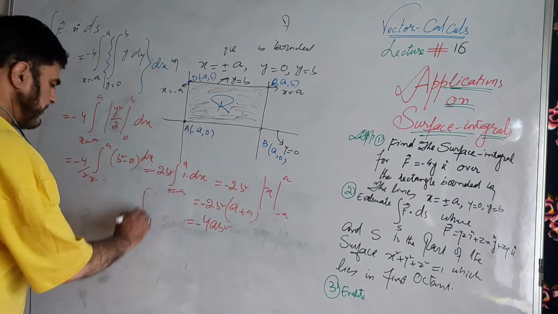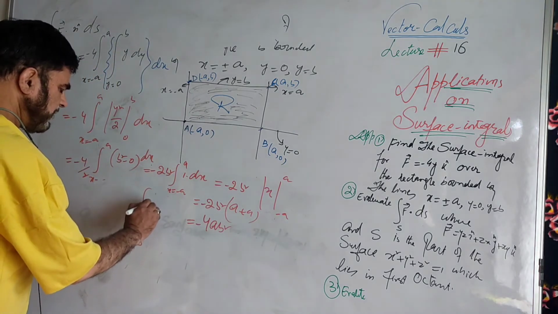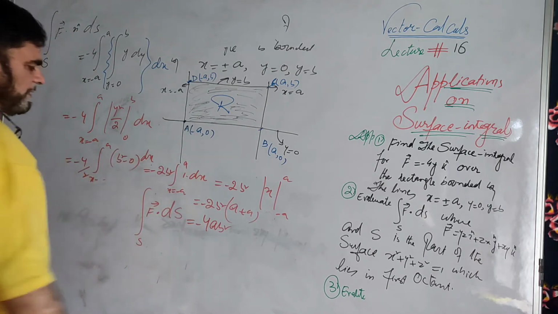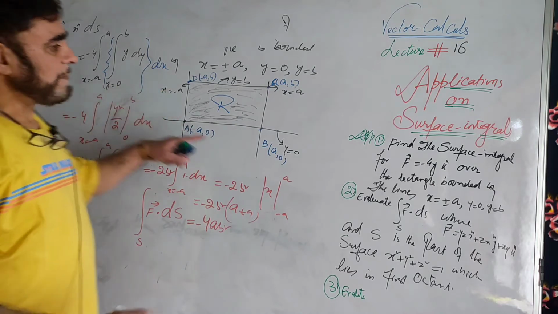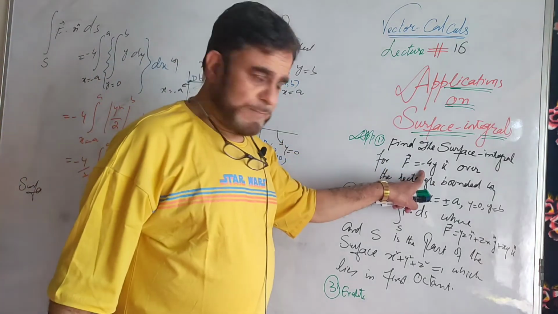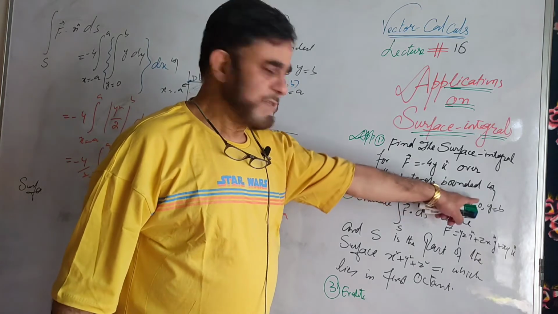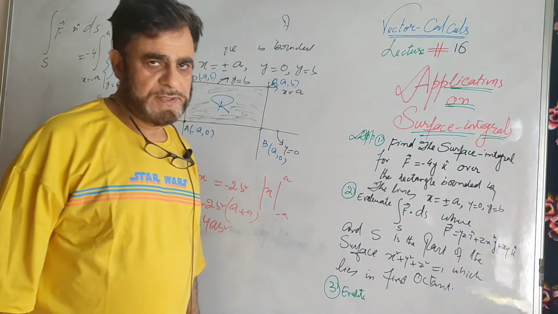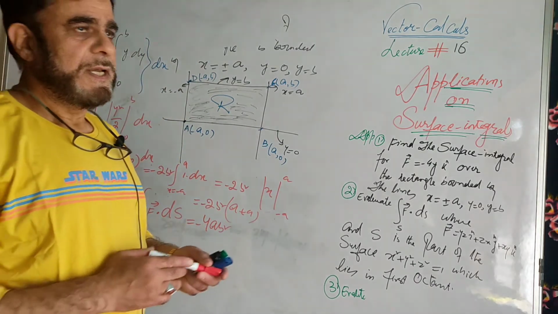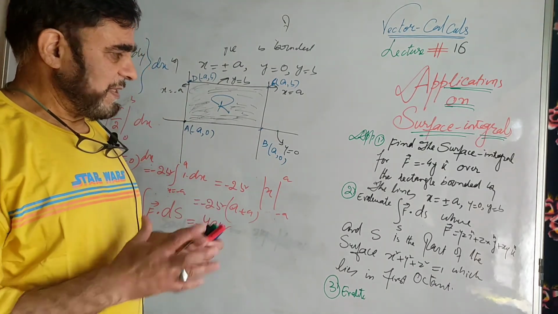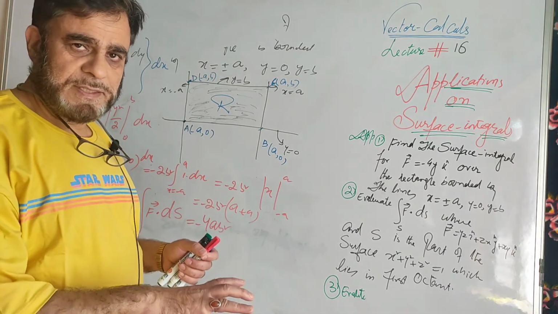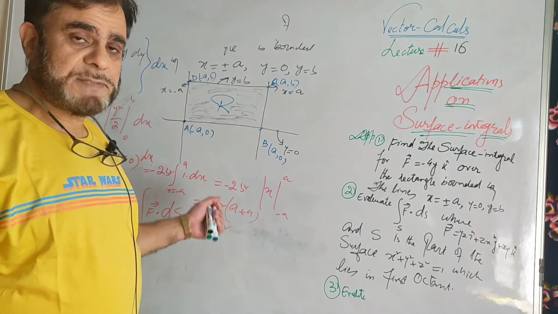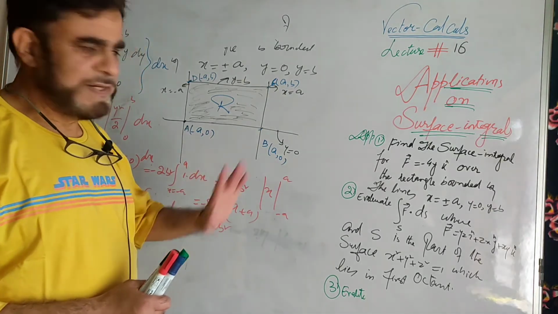This is the required surface integral of the function f dot ds over the rectangle bounded by the lines x equals minus a, x equals a, y equals 0, y equals b. This is how you find it when the given surface lies in some plane, the xy plane, the yz plane, or the z-axis. Even if it is parallel, we follow the same way.